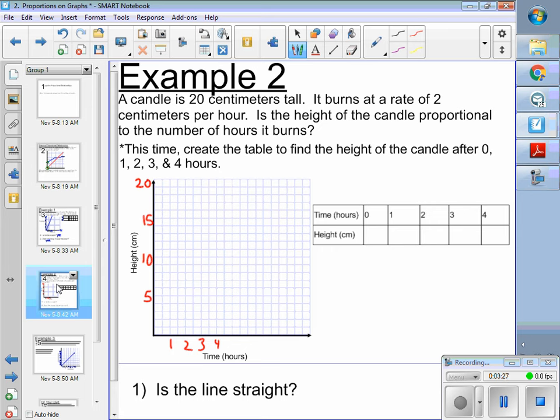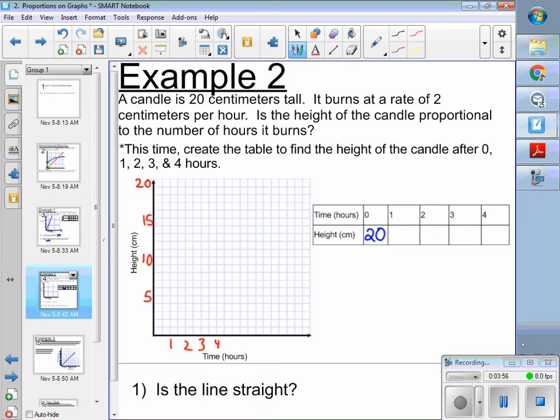A candle is 20 centimeters tall. It burns at a rate of 2 centimeters per hour. Is the height of the candle proportional to the number of hours it burns? This time, create the table to find the height of the candle after 0, 1, 2, 3, 4 hours. So if it starts 20, it is 20 centimeters tall, right?